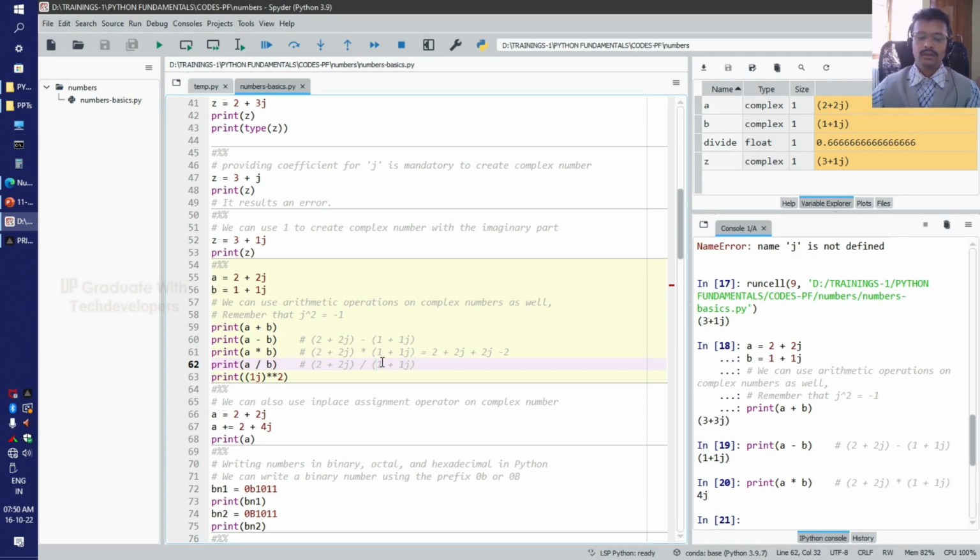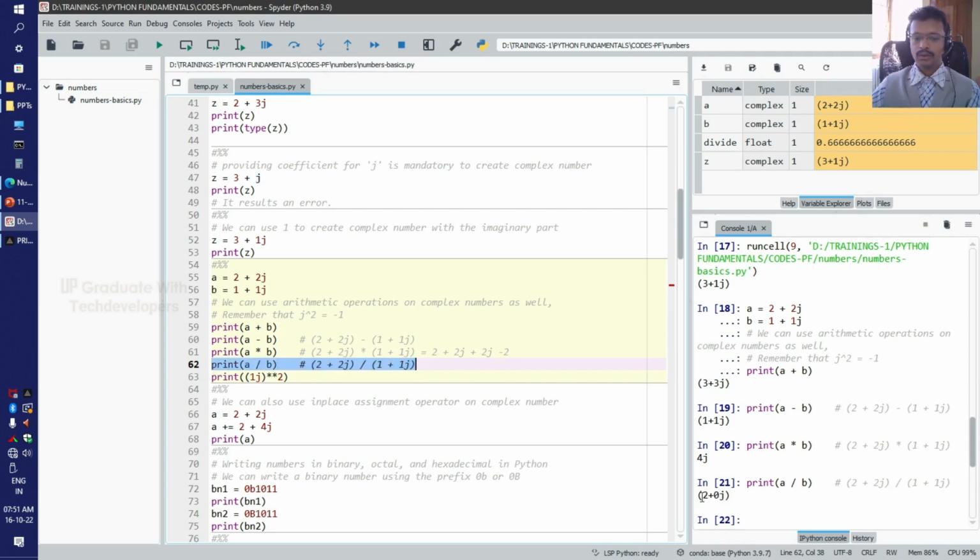Okay, so we know how to do the division operation for complex numbers. Let us display the result. So we got 2 plus 0j.